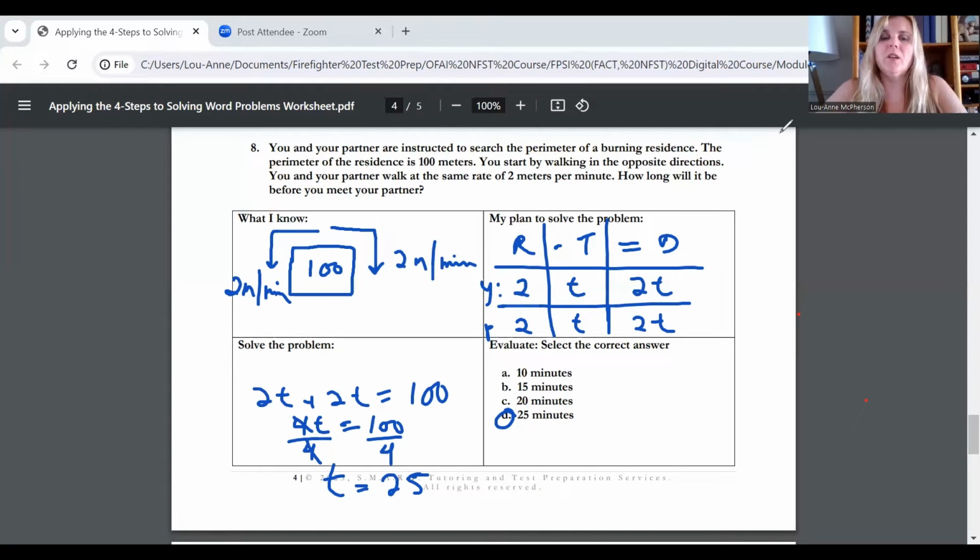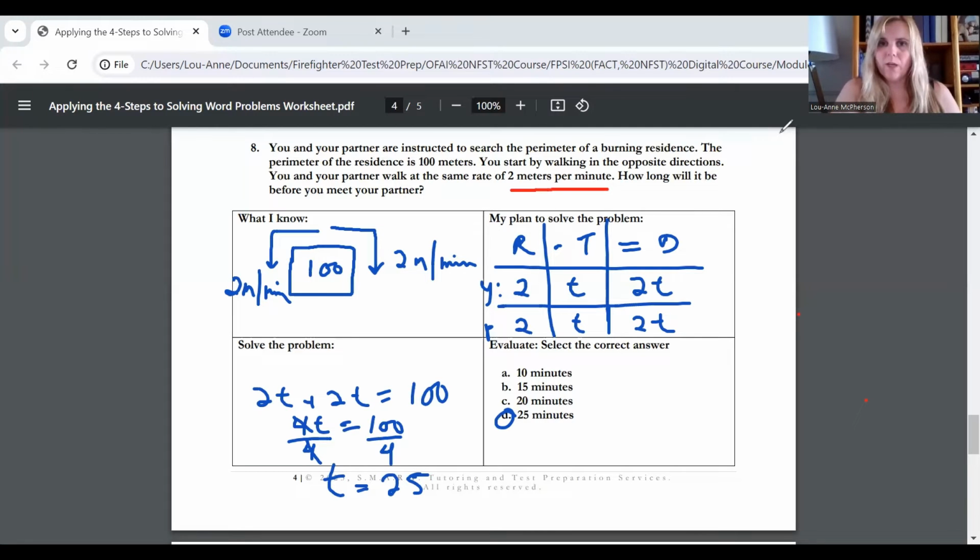So in the 4-block problem solving method, the first step is to identify what you know. And you want to identify the type of math that you're working on here. We can see that we have whole numbers with 100 and 2, and we can see that we're working with rate because we can see a rate here. So we have 2 meters per minute.